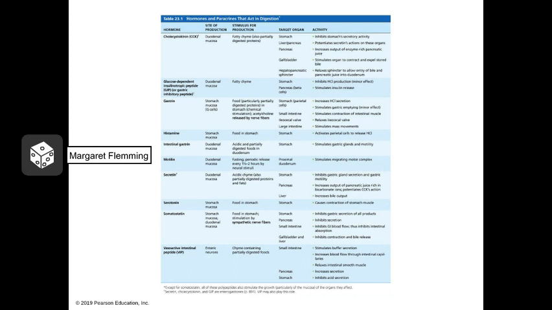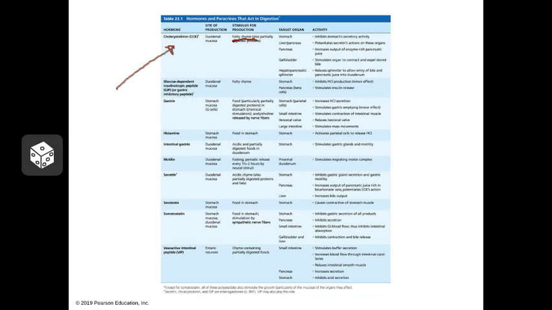This is a big table, and you do not have to know it all, but what we are looking at is hormones that aid in digestion, and we've seen cholecystokinin being involved in fat digestion.